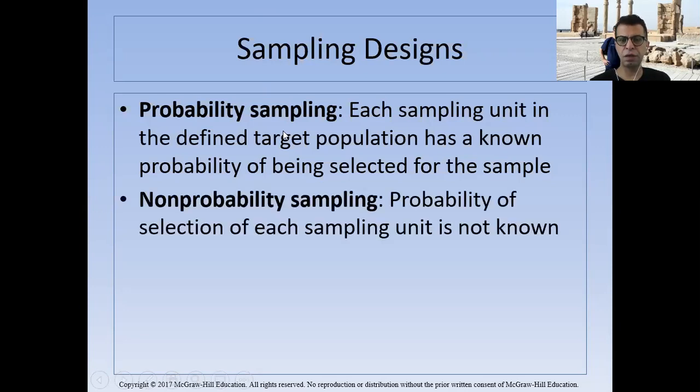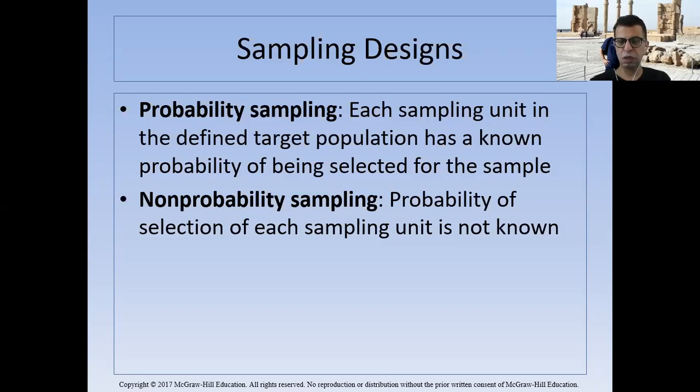This is the non-probability sampling. The probability of selection of each sampling unit is not known, and this is mostly what we do in a survey. We do non-probability sampling, and the chance of somebody being selected probably differs from another person.